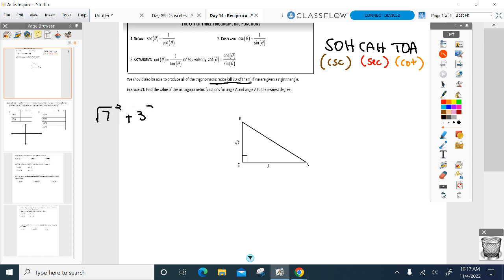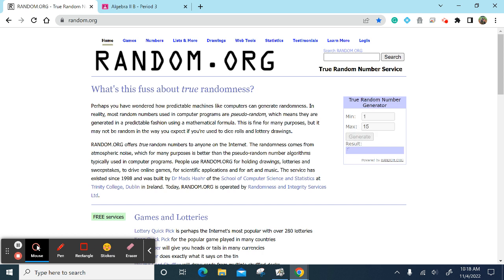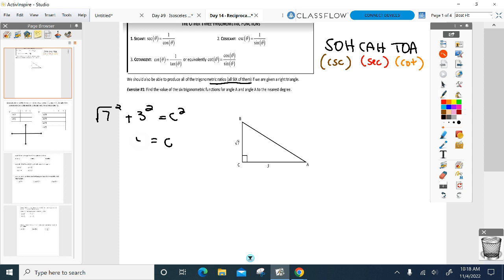I'll give you guys a minute to do Pythag to find the hypotenuse, and I'll ask somebody what it is. Got the hypotenuse? 4. Good work. So 4.